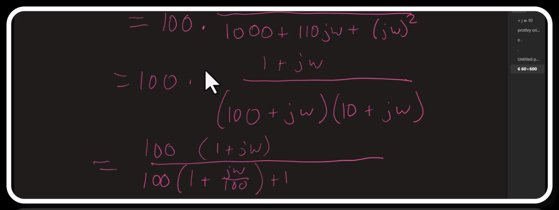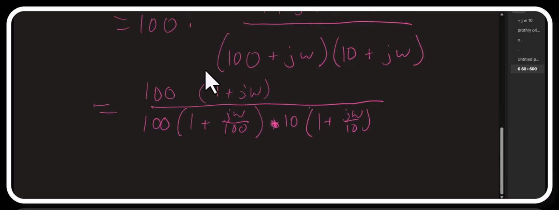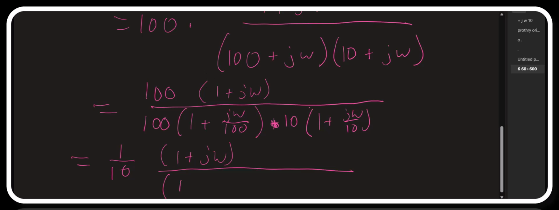And from the second term, I can factor out a 10, that's times 10, 1 plus j omega over 10. So I get 1/10 times 1 plus j omega over 1 plus j omega over 100 times 1 plus j omega over 10.